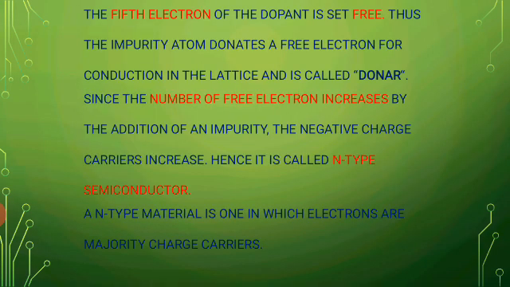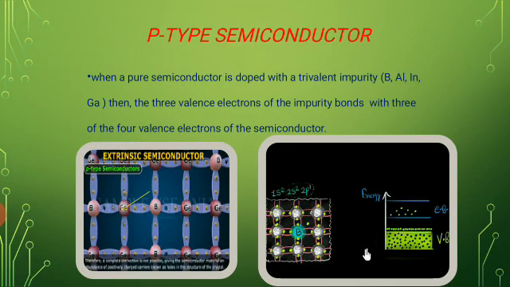Now let us see what are the P-type semiconductors. P-type semiconductors are the material with the addition of trivalent impurity atoms. Consider boron atom. It is added with germanium. Boron has 3 electrons in its outermost shell.